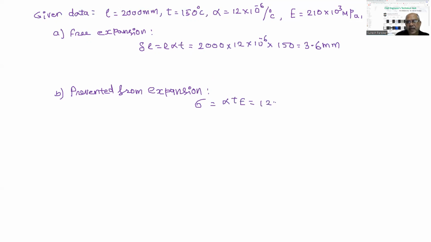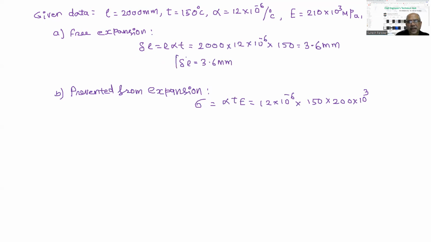Alpha we have 12 into 10 raised to minus 6. T we have 150 and E we have 200 into 10 raised to 3. So here we can write delta L 3.6 millimeters.